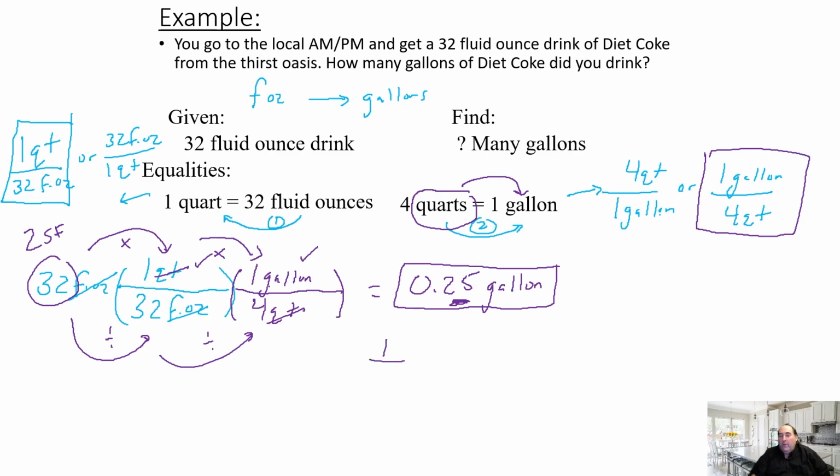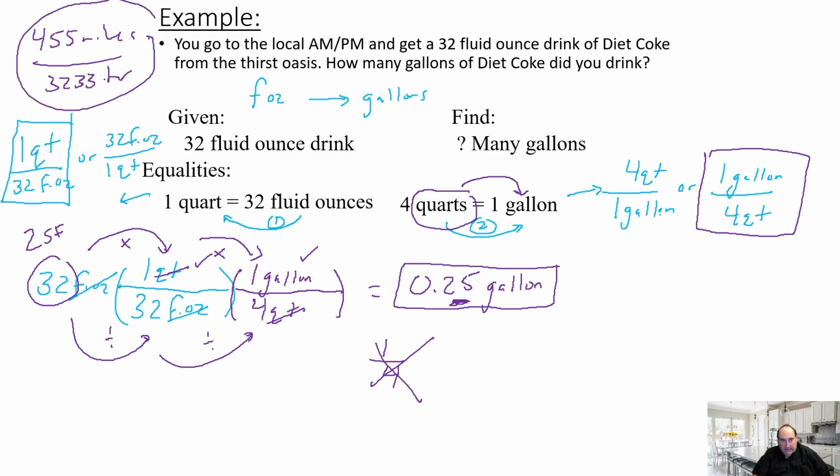By the way, 1/4, not the correct answer. That makes me think you're too lazy to divide it. So you should never, ever again give an answer as a fraction. You should divide it out and get a number. Not necessarily super bad in that situation, but I have had people write things like 455 miles over 3,233 hours and box it.